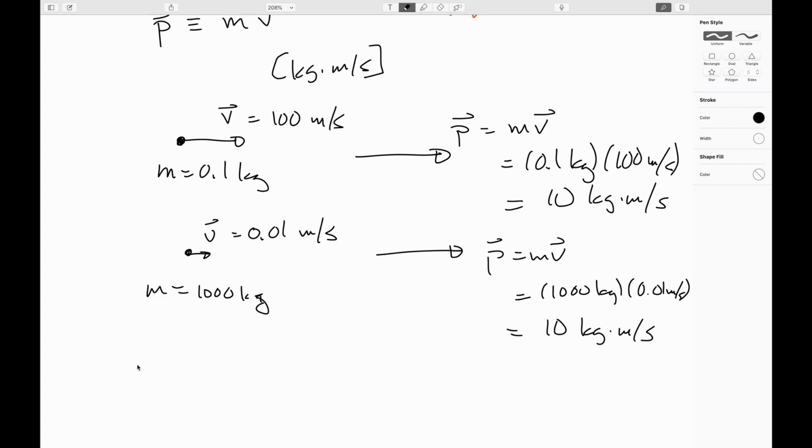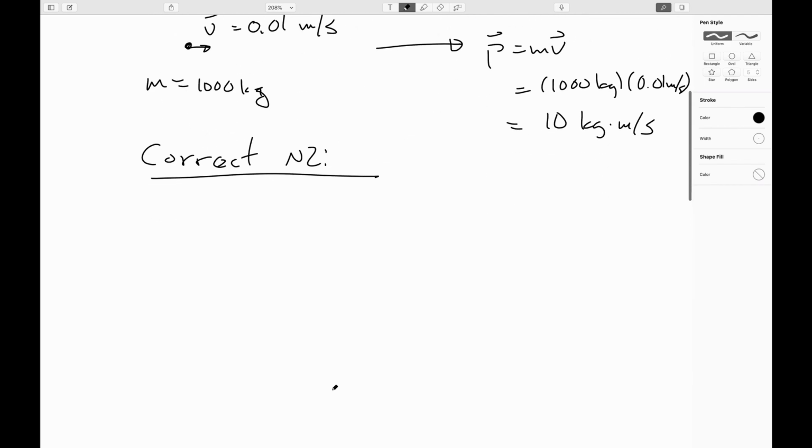In modern symbols, the way we would express what Newton wrote in words, so this is the correct version of Newton's second law, we would write F net equals the time rate of change of the momentum.